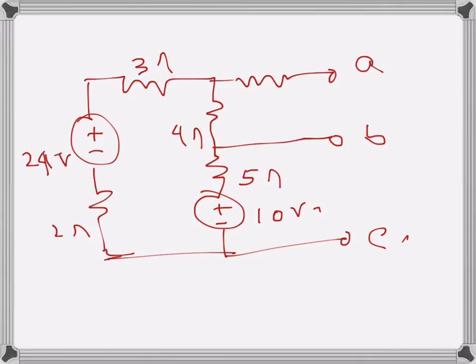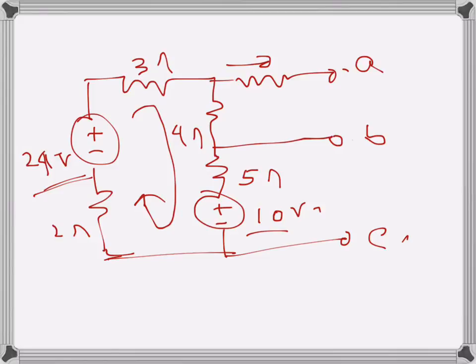Now we can see no current can flow in this direction, because these two terminals are open, there is an open circuit. So there will be only one current like that, and there are two voltage sources. The direction of the current will be clockwise, because the two voltage sources are opposing each other, and this one is of higher value.